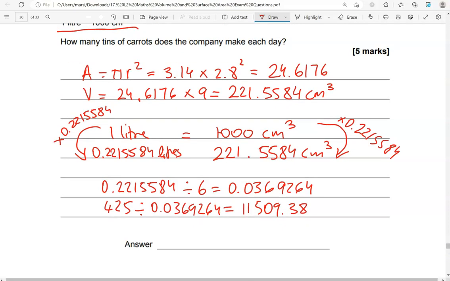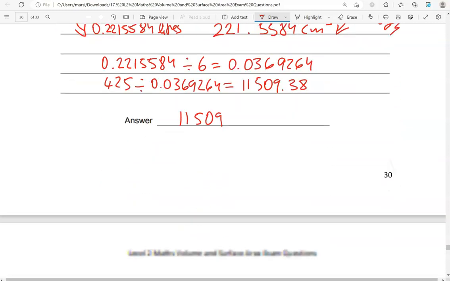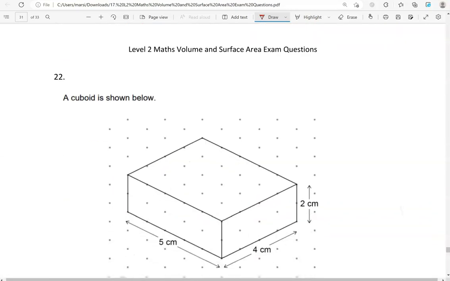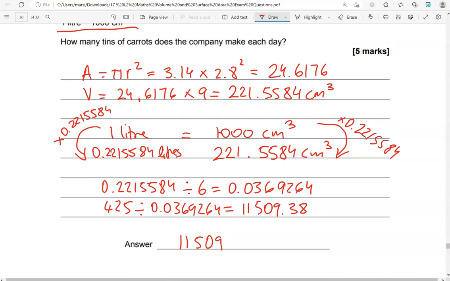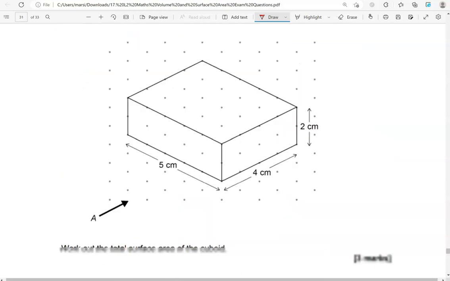So we can say 11,509. We can't round it up to 11,510, because there isn't enough water to make the last one as well.